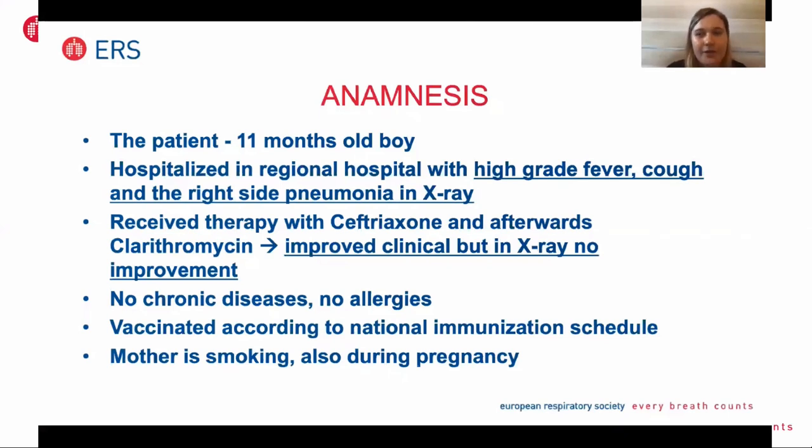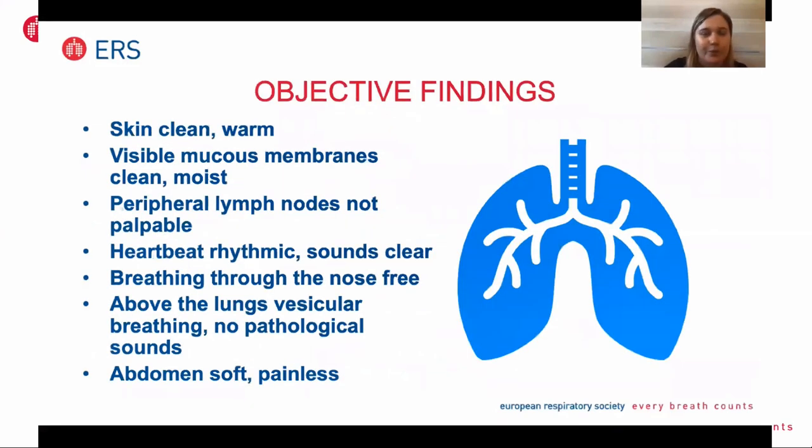For the patient, there was no chronic disease, no allergies to medications, and actually this was the first time the patient was ill. He was vaccinated according to the national immunization schedule, and the only thing I actually have to mention is that the mother was smoking, and she was also smoking during the pregnancy. So the objective findings, when he was transferred to our hospital, there were no specific findings.